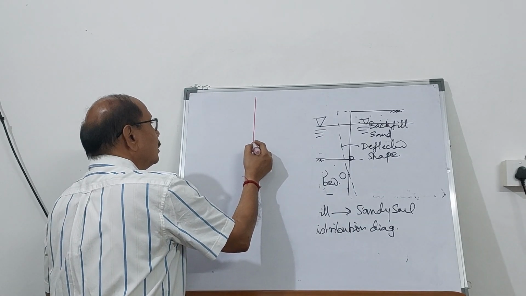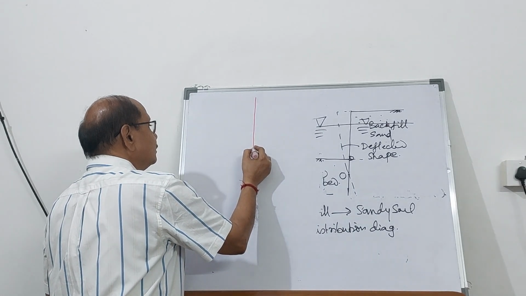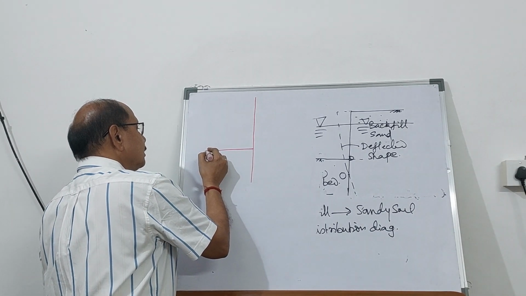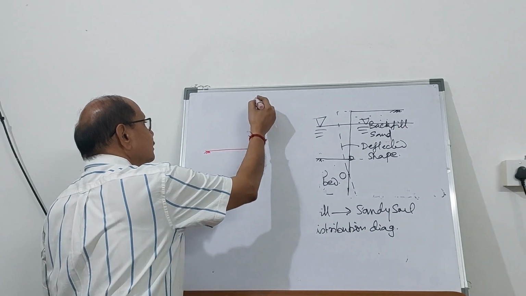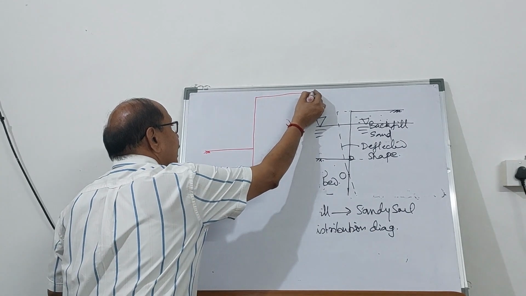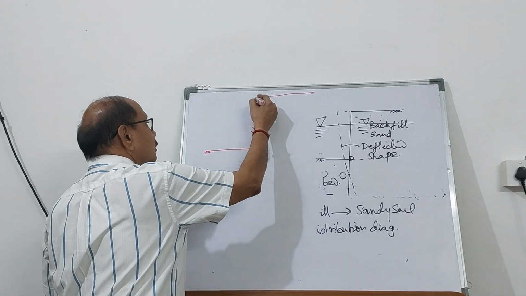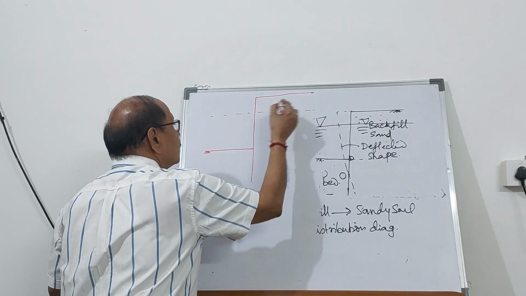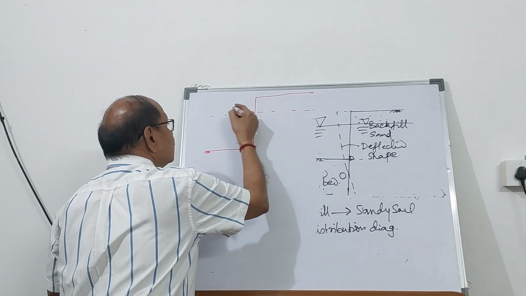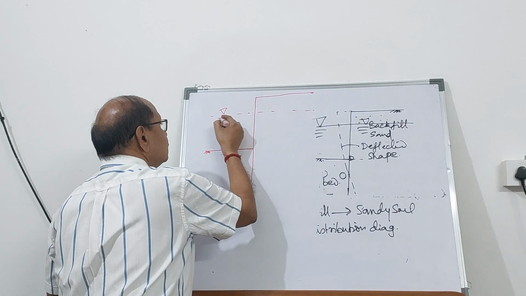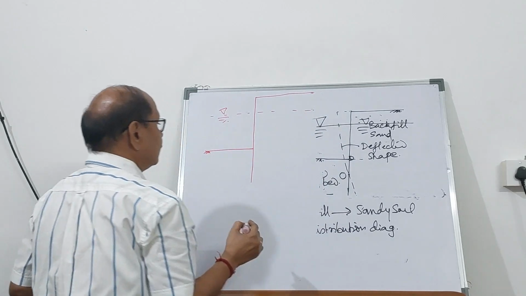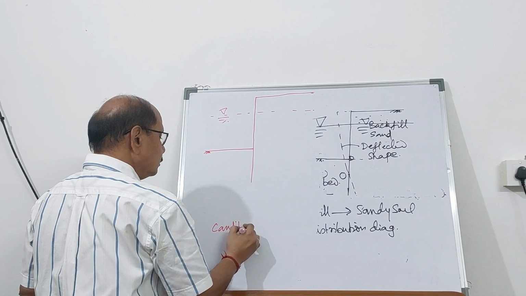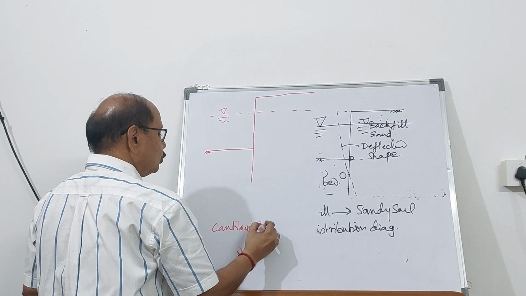Now this cantilever sheet pile is going to have the dredge line, the backfill top, and let's say the water table, right? So cantilever sheet pile.